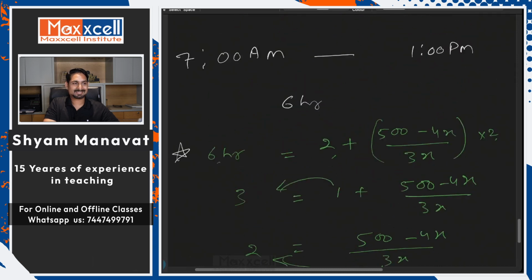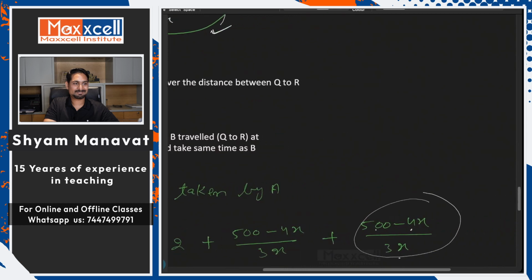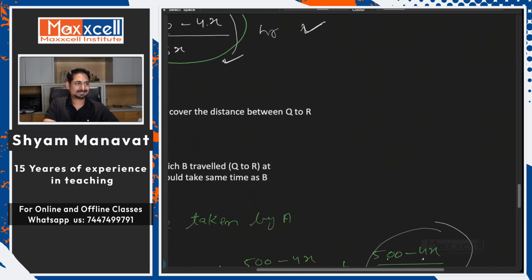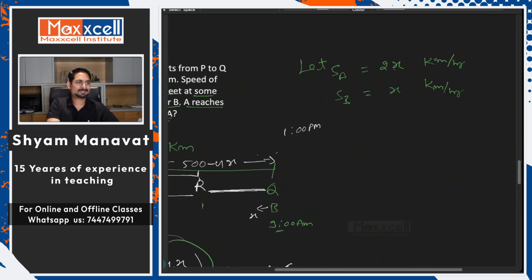What was x? Let's go back. What did we assume as x?